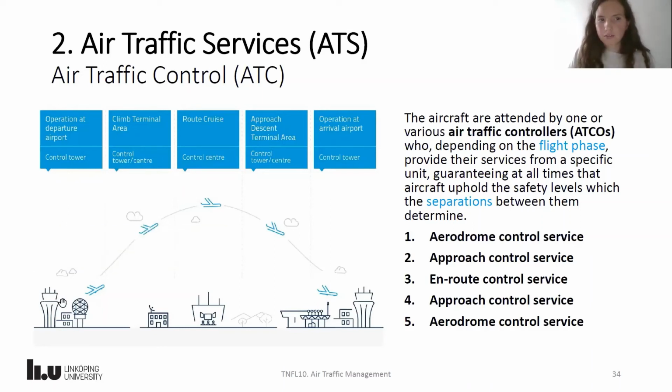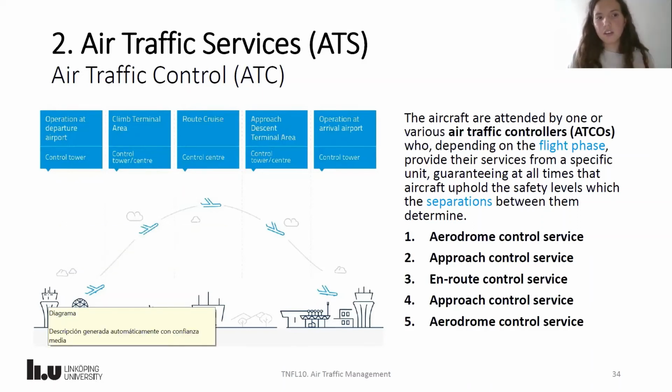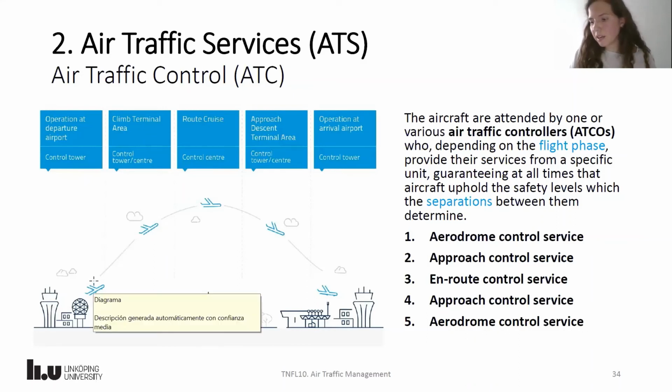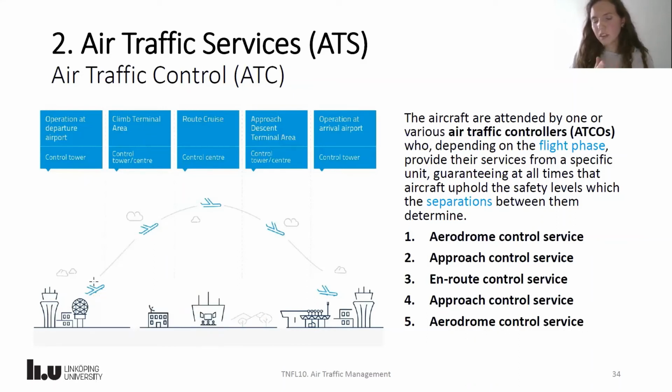When the aircraft is in the aerodrome, the control tower of the departure airport has control over the aircraft, but once the aircraft has left the airport, the control tower staff transfer the flight to the approach air traffic controllers.